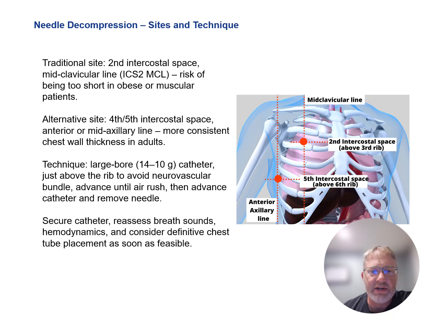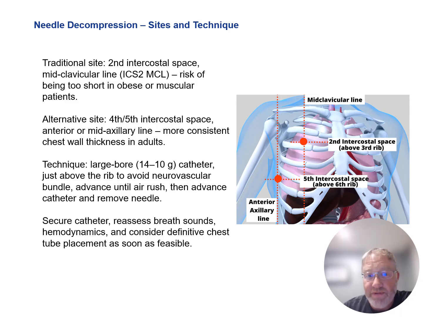So sites and technique, where do you put it? Well, there's been a lot of debate about the best needle decompression site, and I want you to understand the rationale. The traditional site is the second intercostal space at the midclavicular line. But multiple studies have shown that in many adults, especially those who are obese or very muscular, standard length angiocatheters simply don't reach the pleural space.